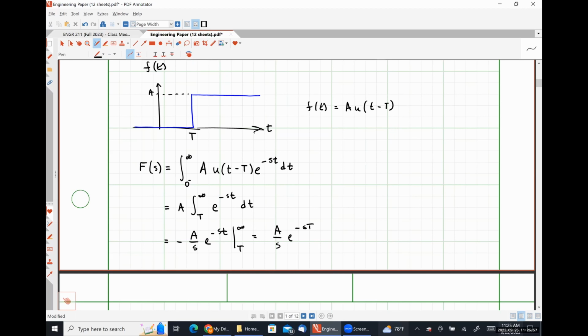Because this guy evaluated at t equal to infinity is going to look like 0 minus e to the minus s capital T, and then the minuses cancel each other out.